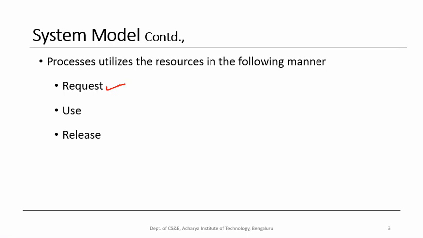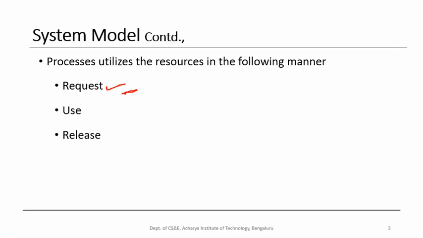If the resource is available, then it is allocated to the requesting process. If the resource is not available, then the requesting process has to wait till the process which is holding the resource releases it.